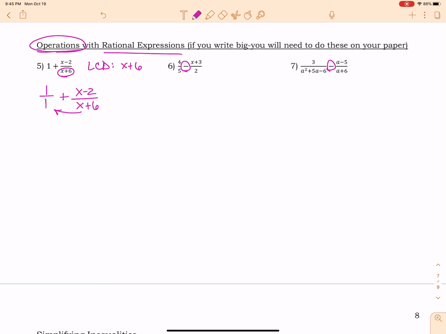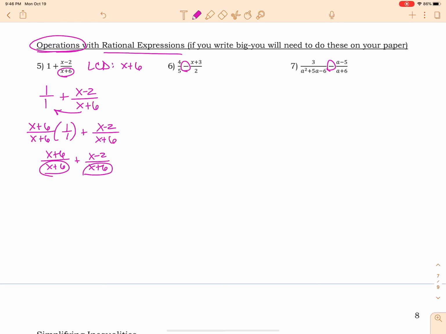What I can do is multiply this 1 by x plus 6 over x plus 6, because that's the same thing as multiplying it by 1. I can't change the value of anything, but I can change what it looks like. So I've got x plus 6 over x plus 6 plus x minus 2 over x plus 6.